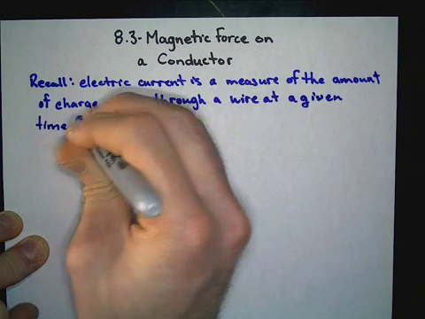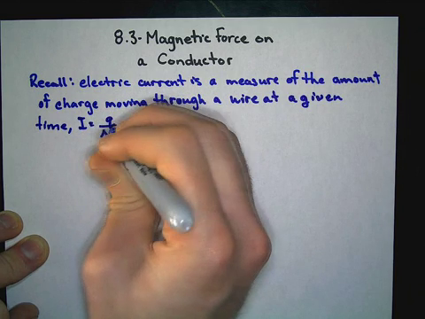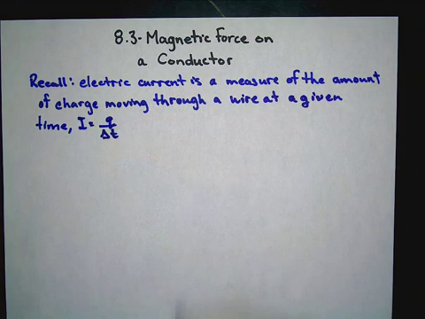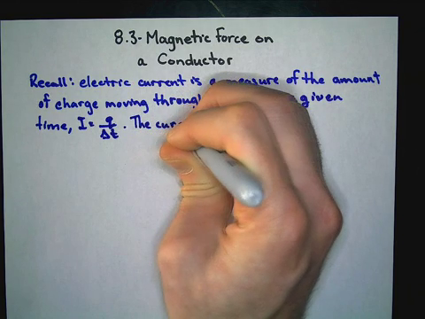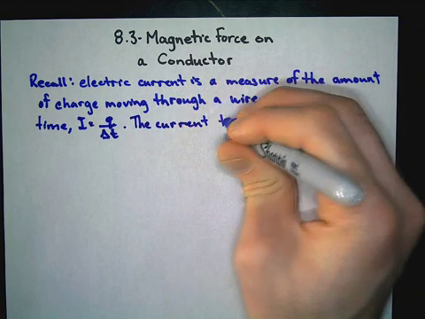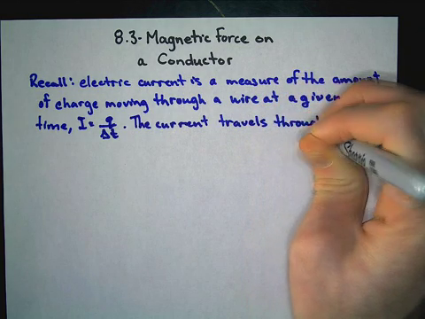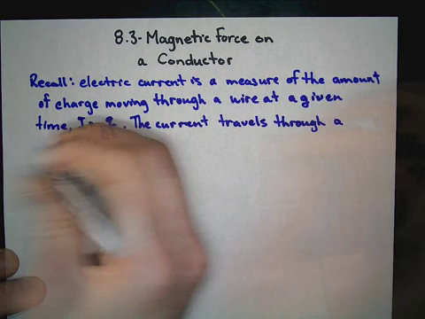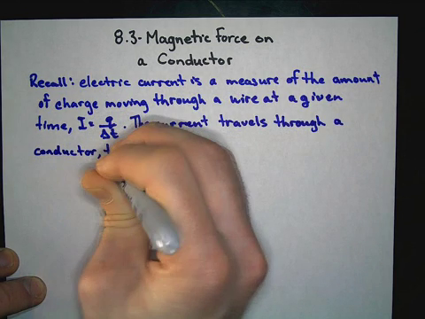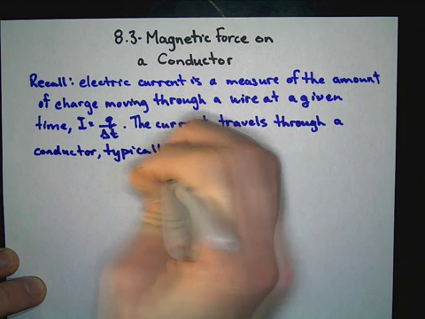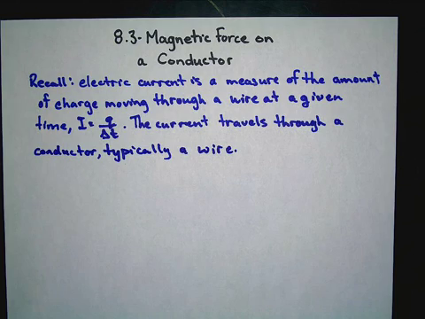And that tells us that I, for current, is equal to the charge over the change in time. Remember that the current travels through a conductor. And typically we see current traveling through a wire.